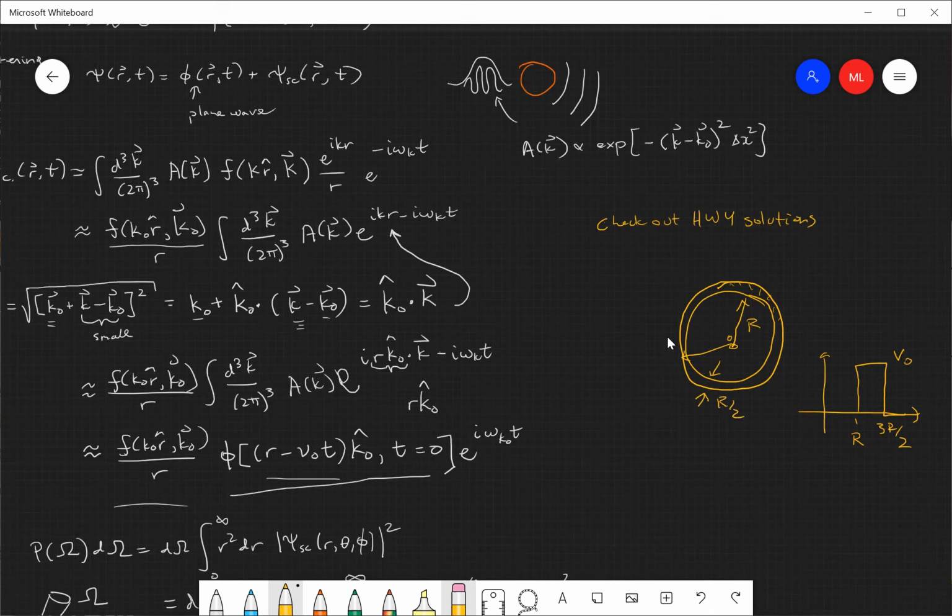And then of course, if you send V naught to infinity, in the extreme limit, any particle that tries to come in here will just encounter a hard wall. So it'll be like hard sphere scattering at radius 3r over 2.